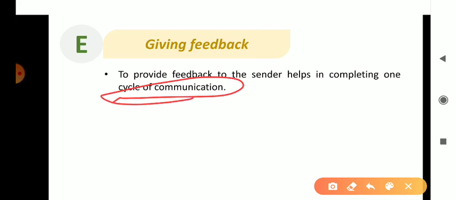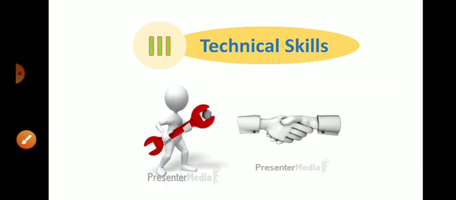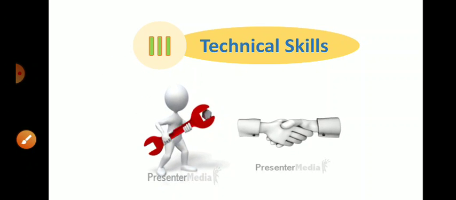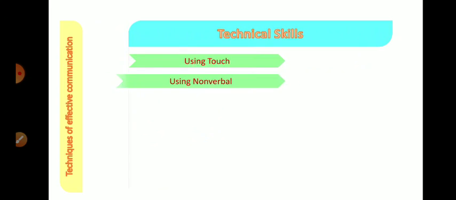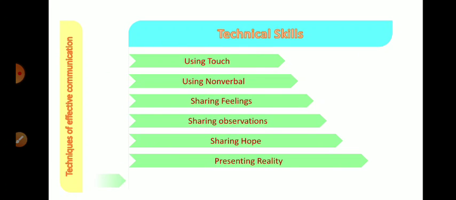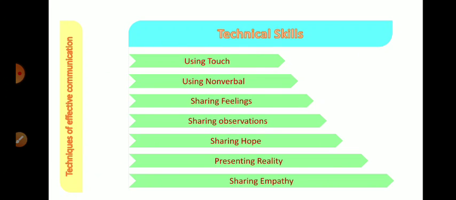Next we are going to see the technical skills. They also have some sub-classifications. There are several technical skills individuals may use to improve communication, which include using touch, non-verbal cues, and sharing feelings, observation, hopes, reality, etc. All these things come under the technical skills.